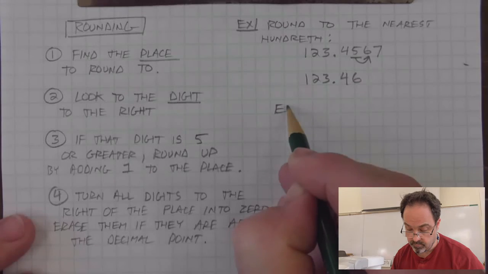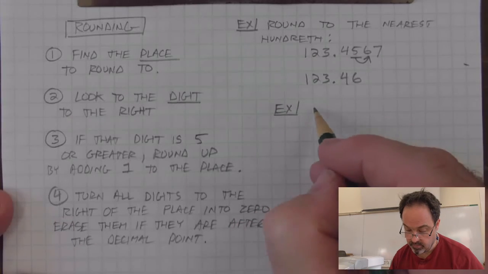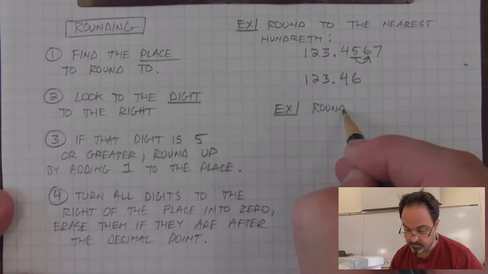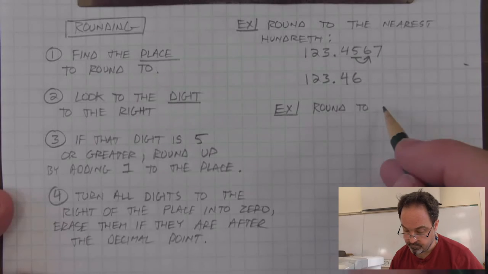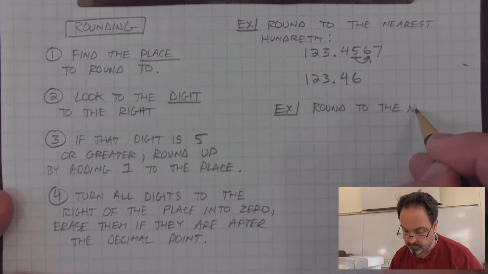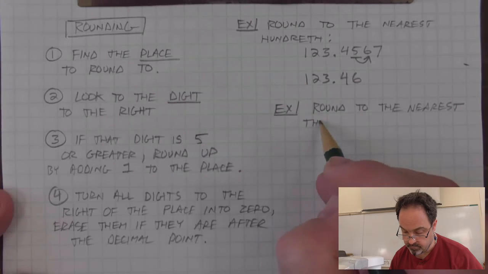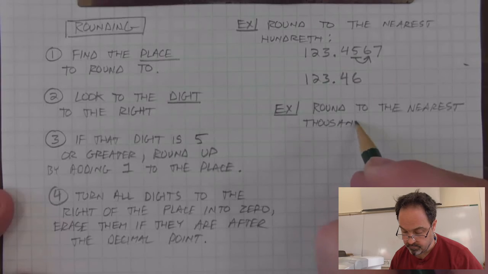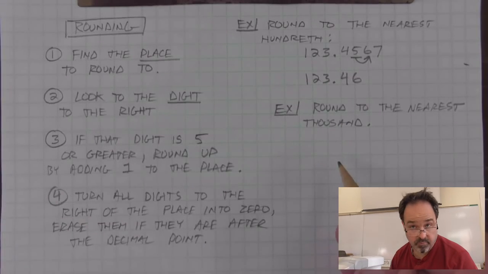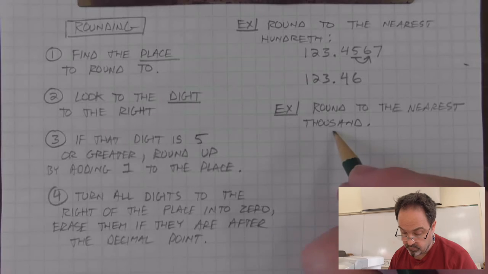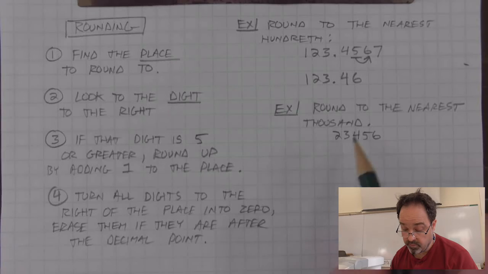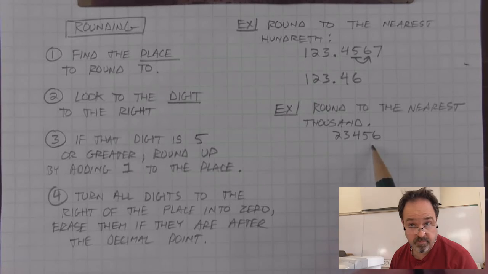Another example. Round to the nearest 1,000 the number 23,456.